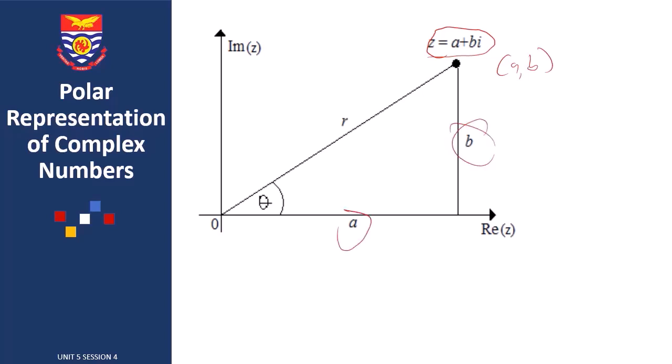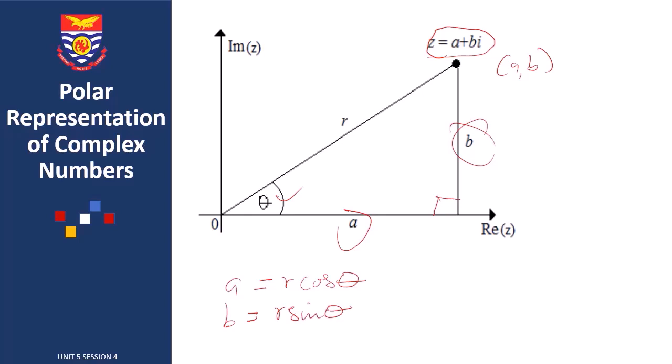Using the Pythagoras theorem approach, this forms a right-angled triangle, so we can find the cosine of the angle here. A will be equal to R cos theta, and using your basic trigonometric ratios, B equals R sine theta.